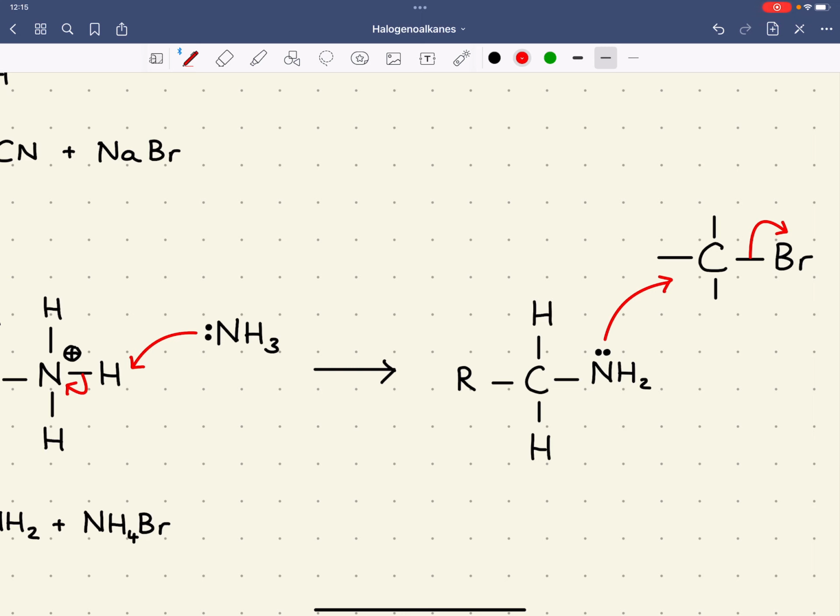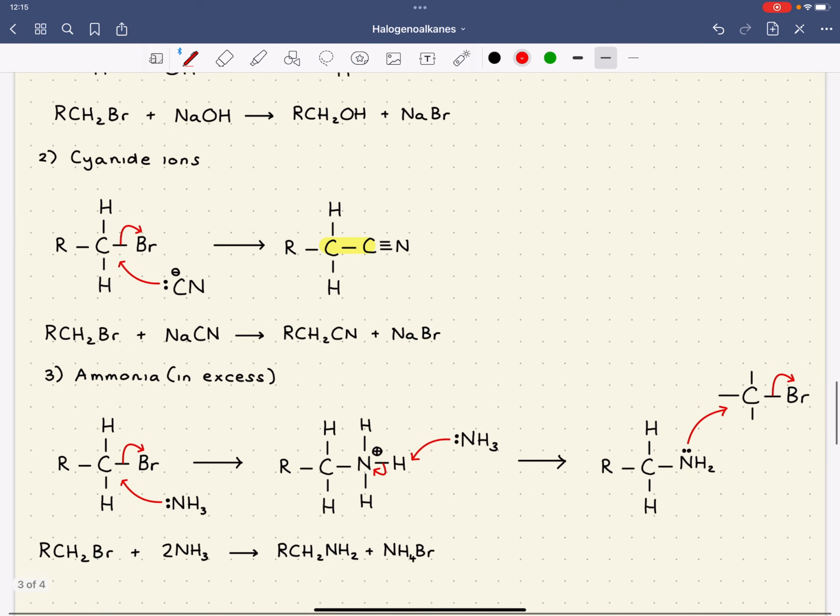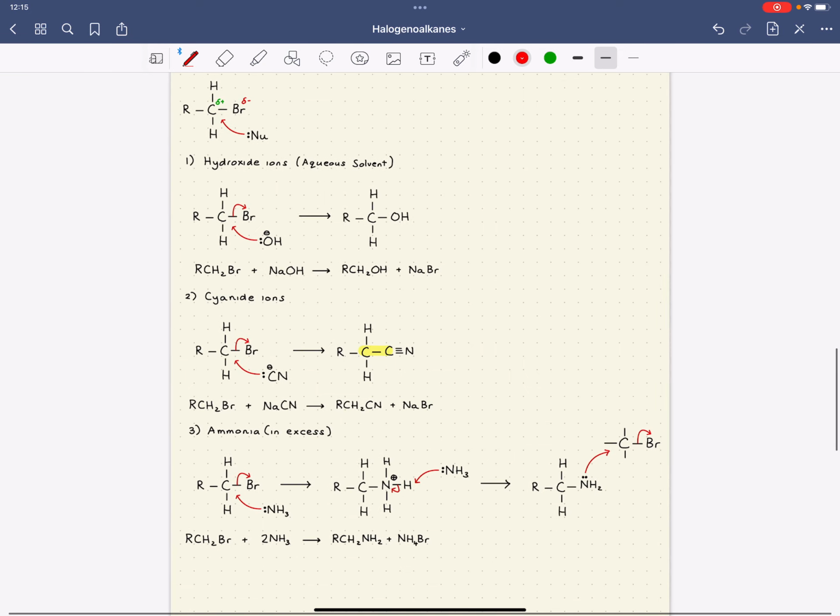Potentially, if you've got an excess of haloalkane, you will get a quaternary ammonium salt, and that's explained in the video on amines and amines as nucleophiles. So that there is nucleophilic substitution of haloalkanes.